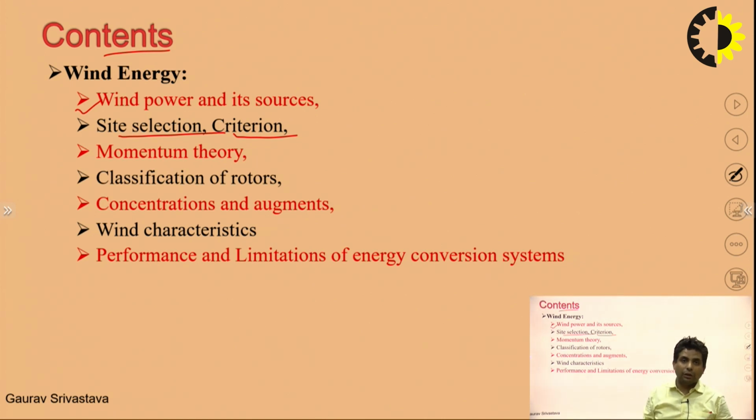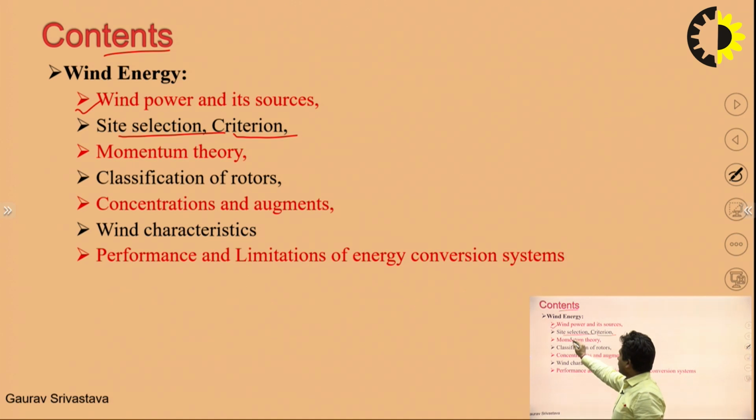If you are going for a hydropower plant, you definitely find the best location with continuous river water availability. Similarly, in wind energy generation, we find the best location, with site selection criteria so that we can maximally utilize the available wind and produce energy accordingly.